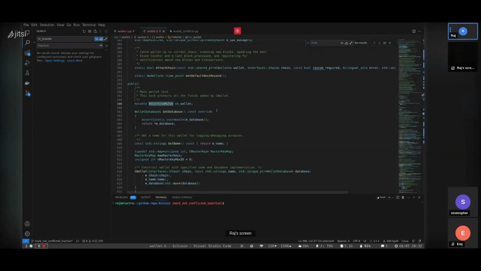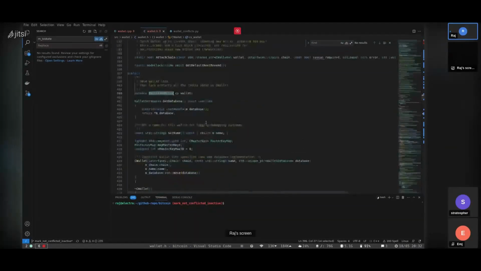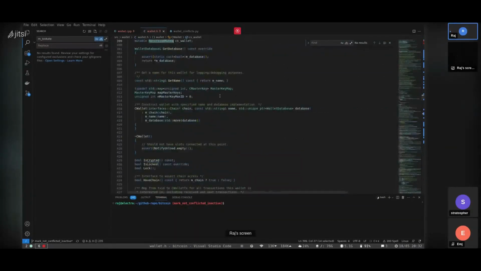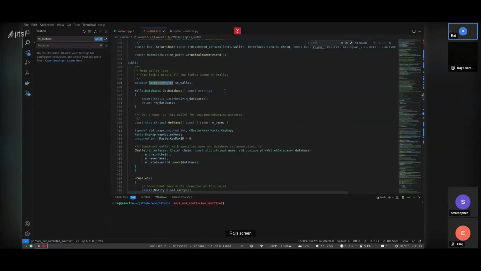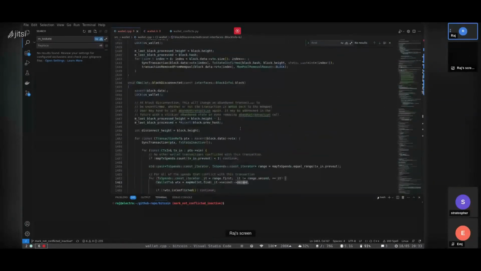This is just a variable which is like a lock. Any function that is marked with exclusive lock required on cs_something has to lock on that lock first.